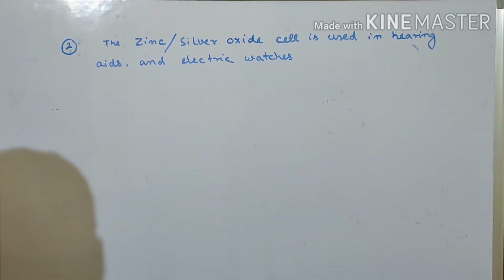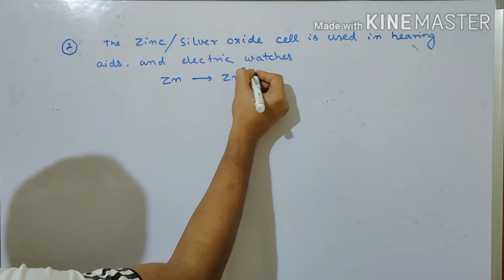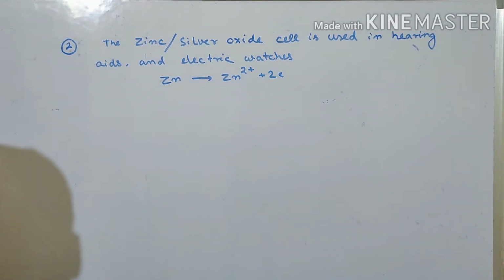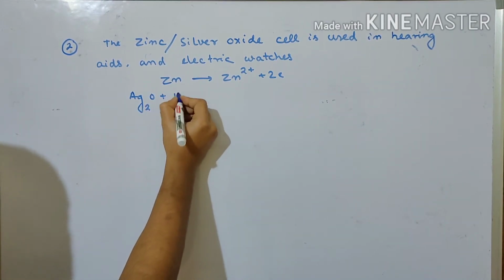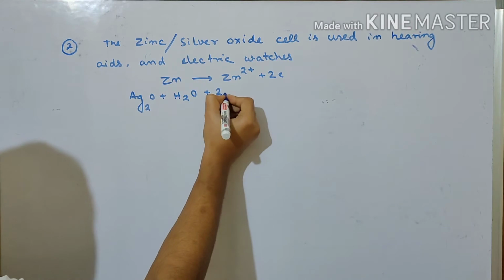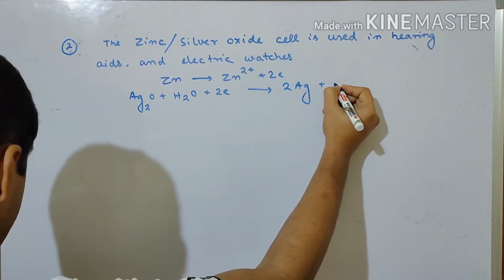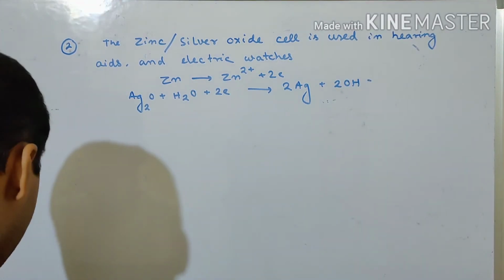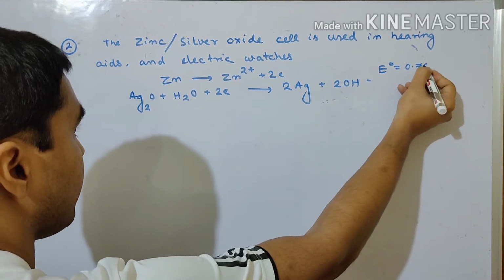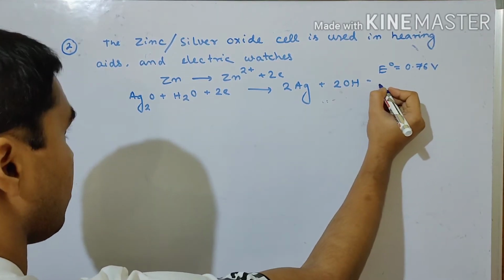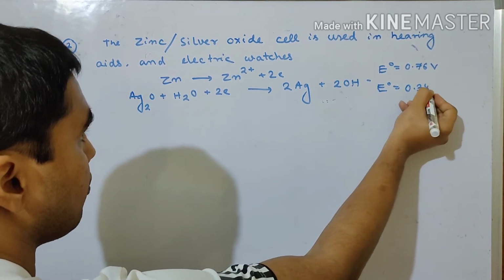This equation is given, zinc giving rise to Zn2+ plus 2 electrons, that is given already, and it is also given that Ag2O plus H2O plus 2 electrons giving rise to 2Ag plus 2OH minus. E0 values are given, which is 0.76 volt for this reaction, and for this reaction E0 value is 0.34 volt.